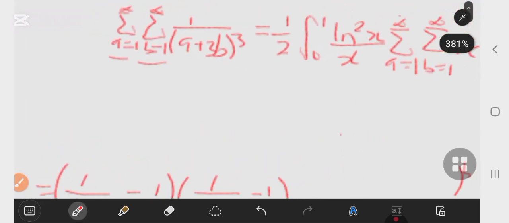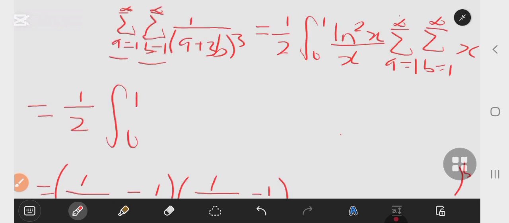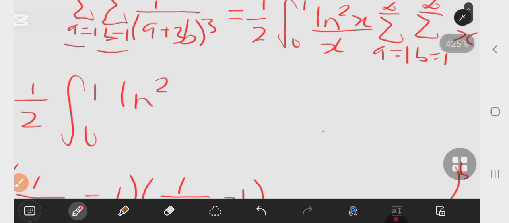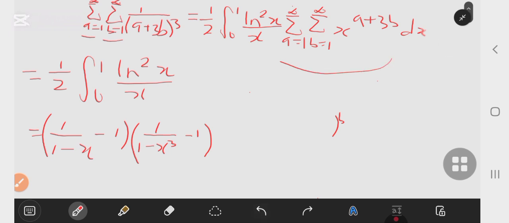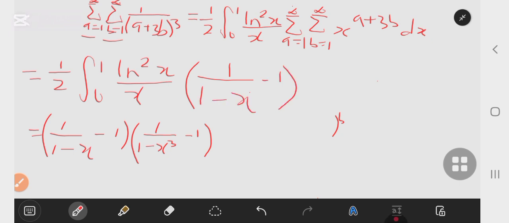I have that this sum is still the same as half of the integral from 0 to 1 of ln square x over x, multiplying these two sums, but this time around I have them in the form 1 over 1 minus x minus 1 multiplying 1 over 1 minus x to the power of 3 minus 1, with respect to x.